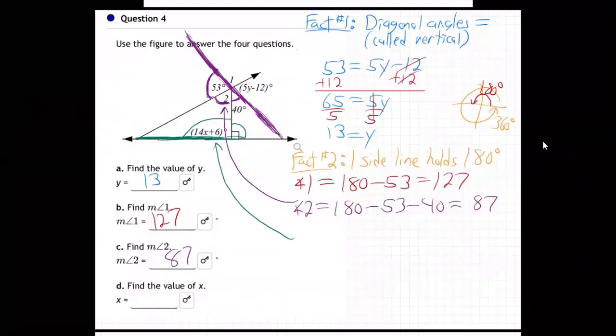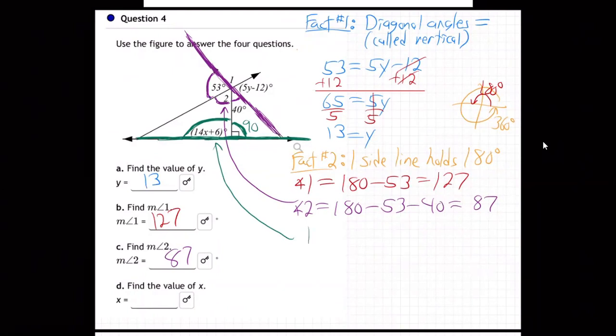So highlighting this green straight line, this angle here, which is 90, and the 14x plus 6, they together make the top of that straight line. So they've got to make 180, don't they?